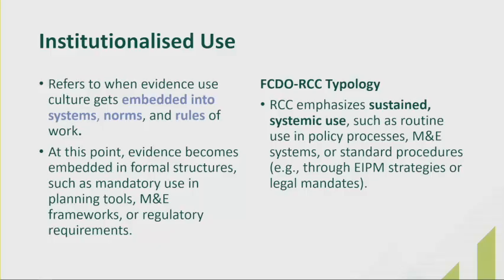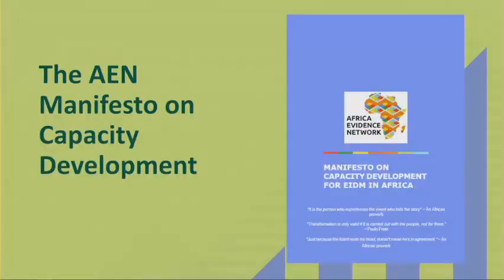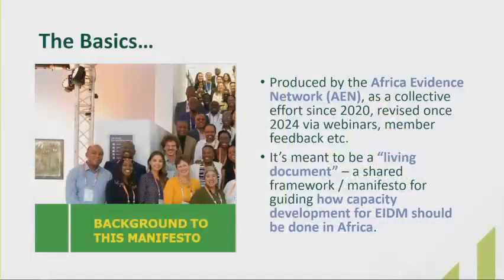All right. So quickly, let's look at what the manifesto tells us, and then we will start with the conversation. Yes, the manifesto next. So this manifesto, I think many of you might have interacted with, was produced by the AEN in 2020 as a collective work.